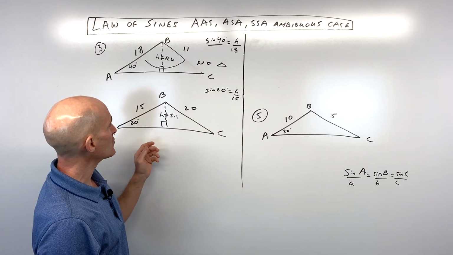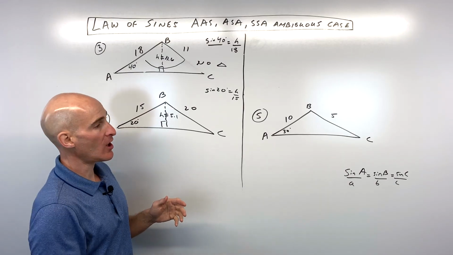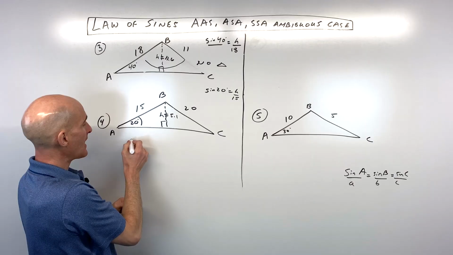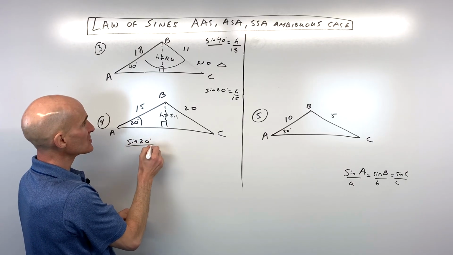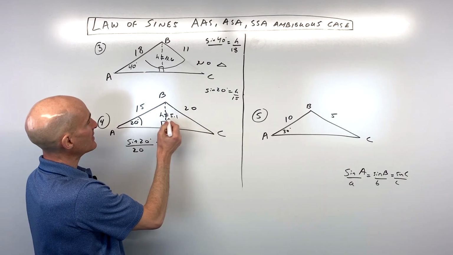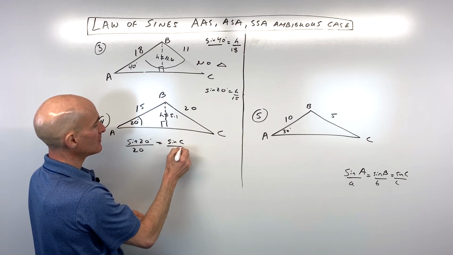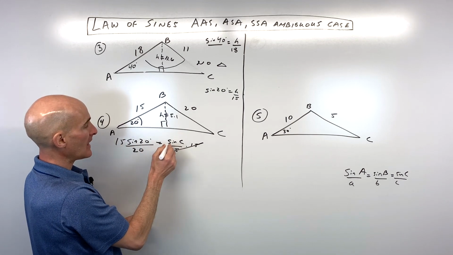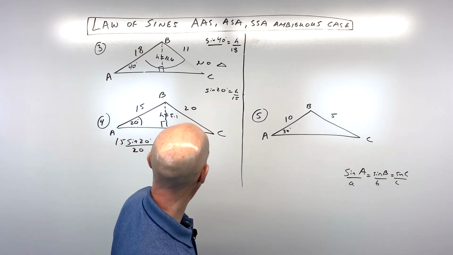So then the question is, how do we solve the triangle? Well, we go back to our law of sines, and we say sine of angle over the side opposite, sine of 20 degrees over 20, okay, that's a coincidence, equals sine of c over 15. Multiply both sides by 15, and take the sine inverse of both sides to get angle c by itself.